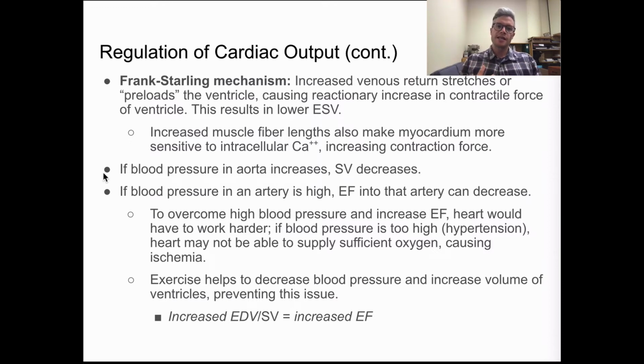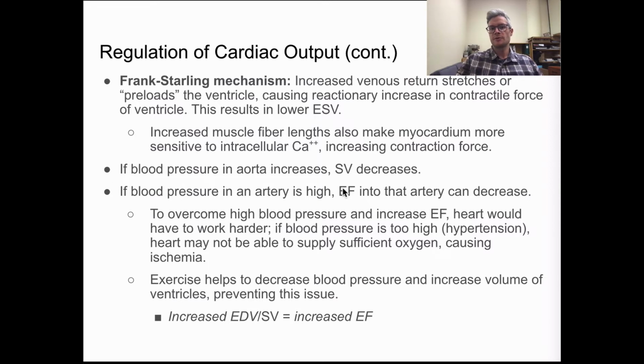So as the aorta, the main artery coming out of the heart, if that vessel feels extra pressure on it, what will happen is there's this little mechanism that will try to get the stroke volume, so the amount of ejected blood, to decrease a bit to try to relieve some of that pressure. Okay.